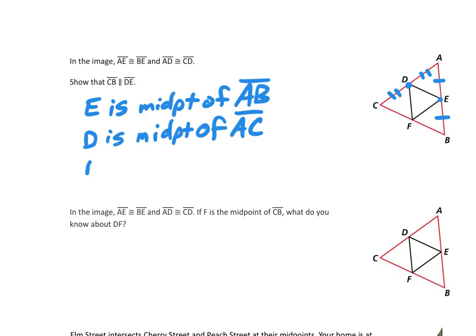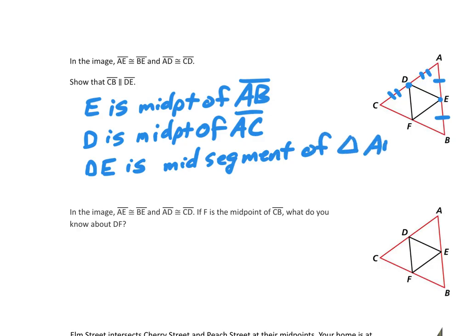So we know that DE is the midsegment of the whole triangle. If DE is a midsegment of a triangle, then what does it have to be? It has to be two things. Okay, it has to be parallel to BC. It also is going to be half the length of BC.